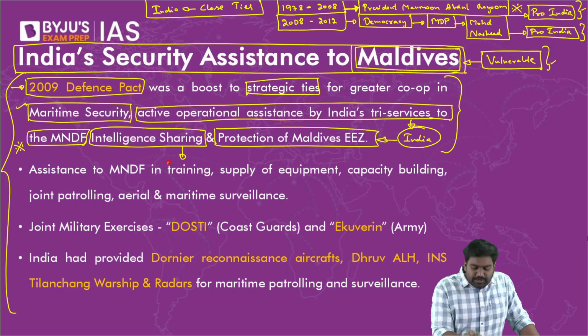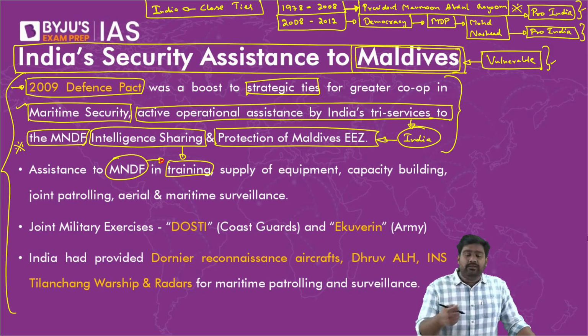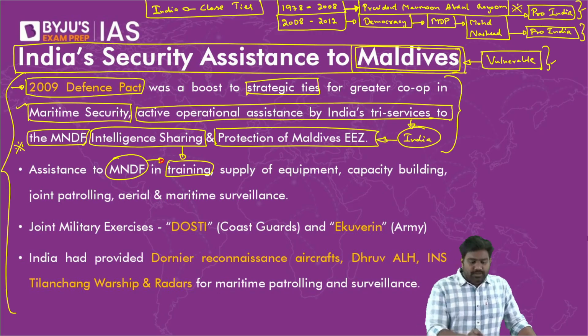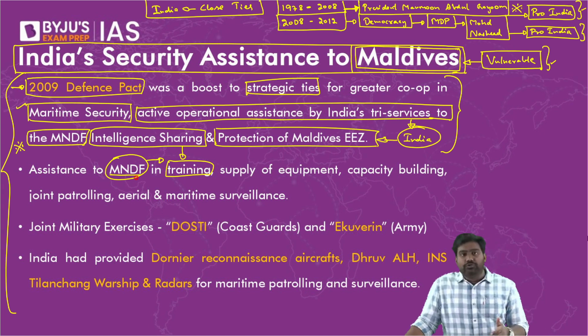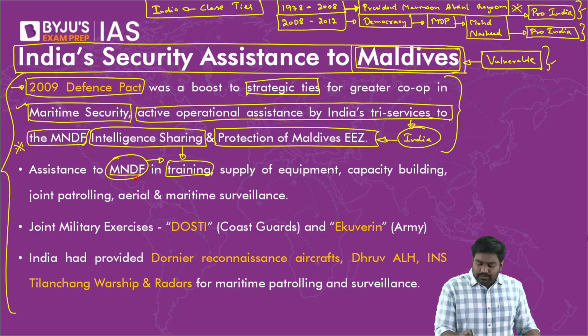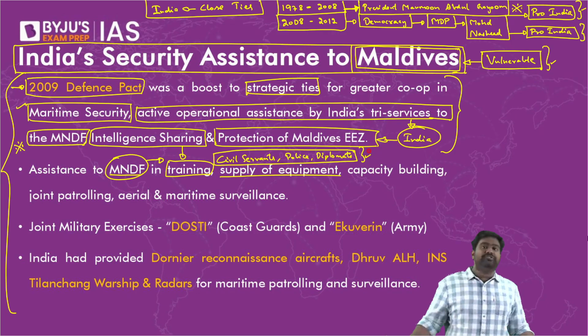We have given them military training. Many of their cadets and officers trained in Indian military academies. Is that clear? Several young cadets and officers of the Maldivian forces are given training in Indian military institutions. Even their civil servants, their police officers, their diplomats, they are trained with Indian probationers, with IAS, IPS, and IFS probationers.